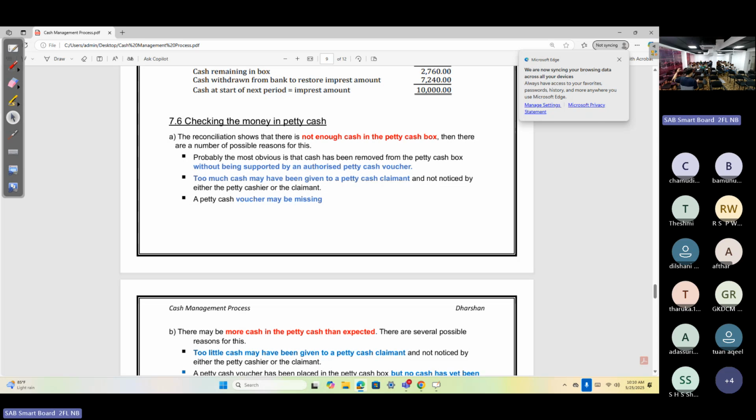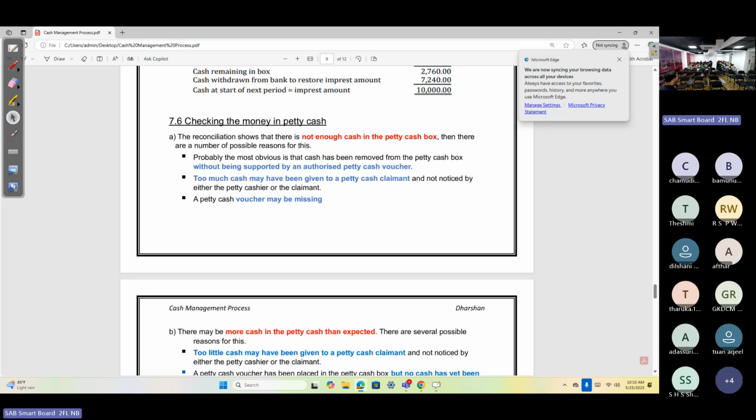Actual expense has taken place, but petty cash vouchers are not available. Then the recording will not be updated properly. What's the scenario? 10,000 as per book, 7,000 as per box. Actually the expense has taken place, but the relevant petty cash voucher is not available.